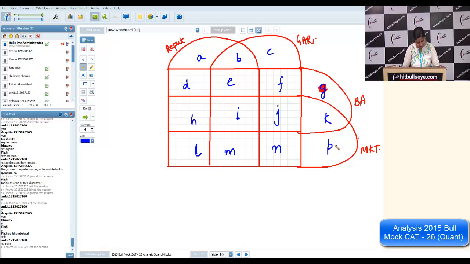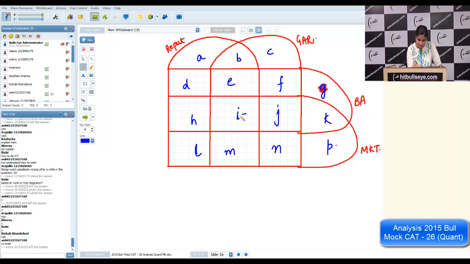First of all, this direction: no trainee with experience in marketing had both the features mentioned in the second, being from a good college and having a good academic record. It means the guy who is from marketing does not belong to a good college and does not have a good academic record.